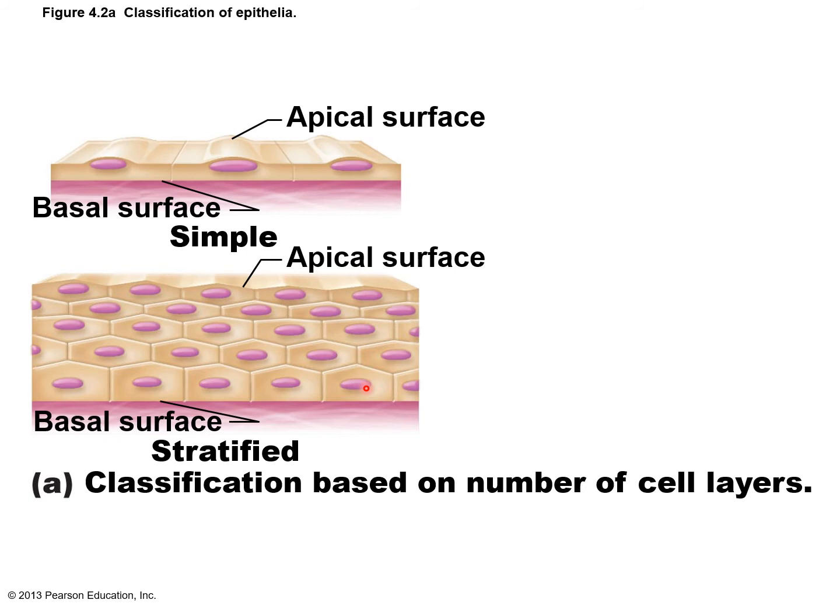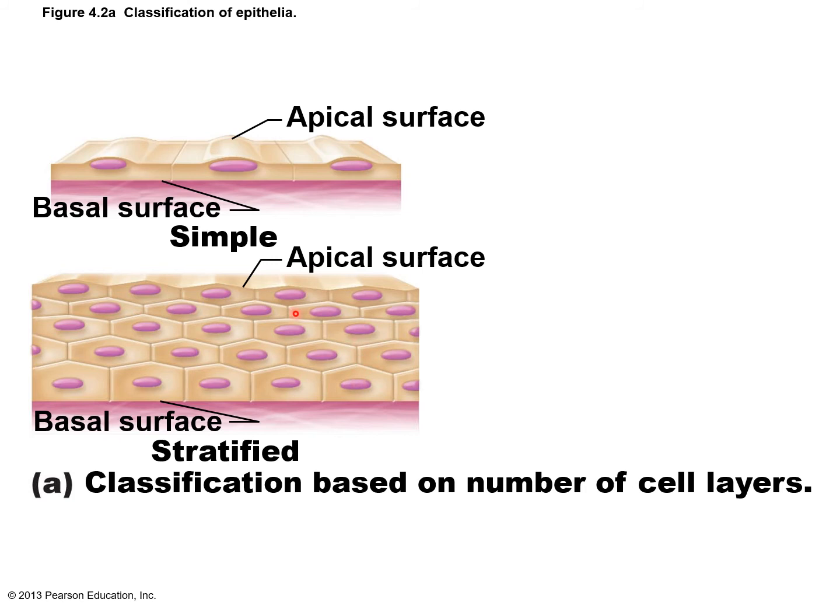So if I have cells that are up at the apical surface looking like squamous cells, and I have some cuboidal cells down here, which one am I going to choose? Am I going to say stratified squamous epithelium, or am I going to say stratified cuboidal epithelium?